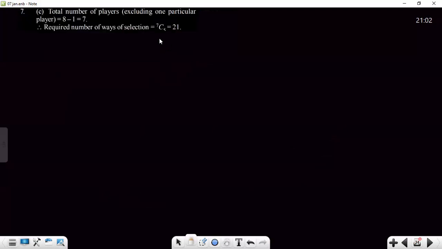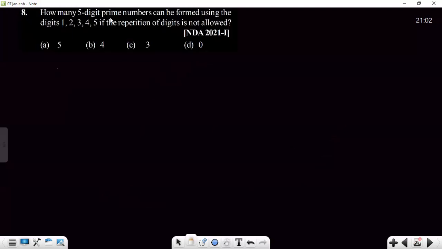How many 5-digit prime numbers can be formed using the digits 1, 2, 3, 4, 5 if the repetition of digits is not allowed? For prime numbers, we do not have any exact condition. If we had to make a number divisible by 3, what would we have done?